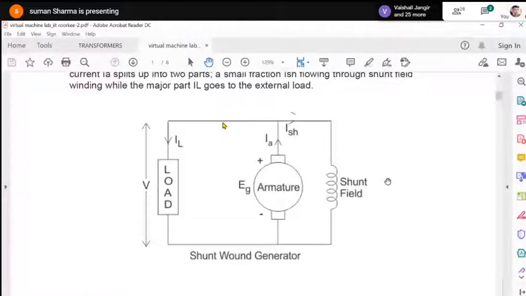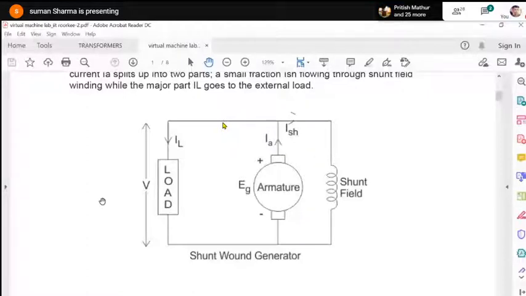We have studied the armature reaction effect. Whenever armature conductors are carrying current, there will be flux due to that current, phi A, which will demagnetize and cross magnetize. Demagnetize means it will reduce the main flux, and cross magnetize means it will distort the main flux.